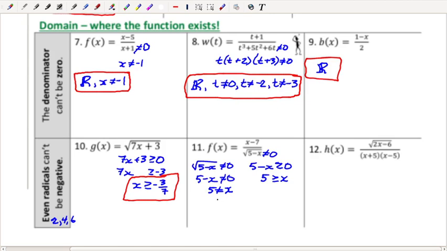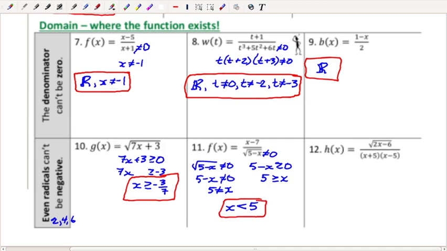Well, in order to find my final answer, I need the most restricted domain. In other words, even though this one says that we're allowed to equal 5, saying not equal to 5 is more restricting, gives me fewer options, and so that's actually what I'm going to go with. So as my final answer, I'm going to have x is just less than 5. In other words, this not equals cancels out this equals, and all I have is x less than 5.